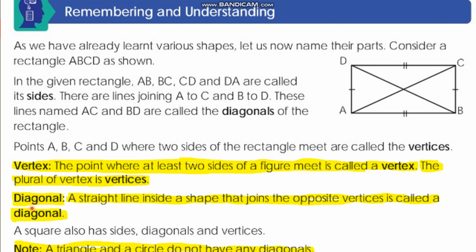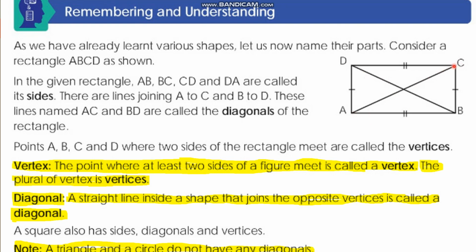And next is diagonal. What is a diagonal? A straight line inside a shape that joins the opposite vertices is called a diagonal. Just now we learned a straight line inside a shape. This is the shape, and the straight line inside a shape that joins opposite vertices.